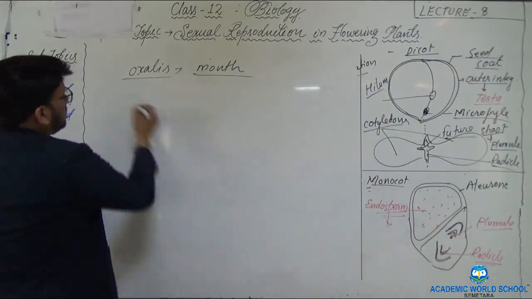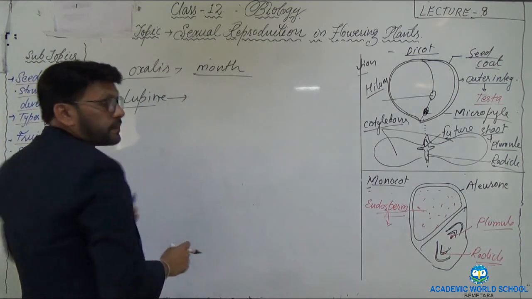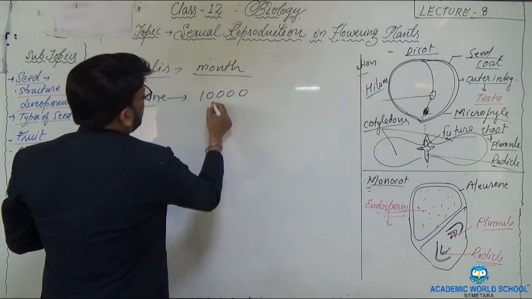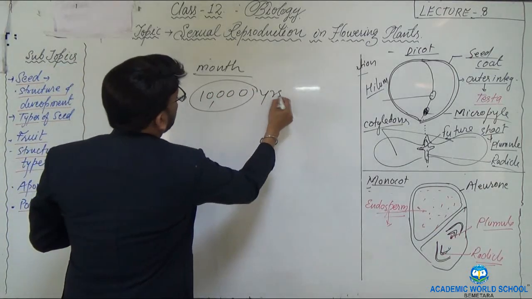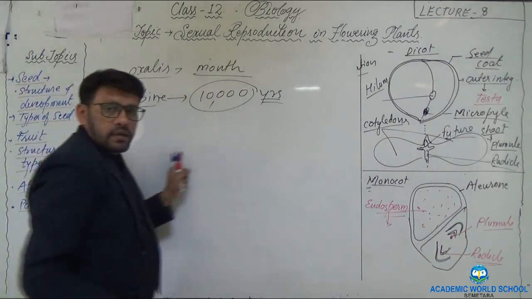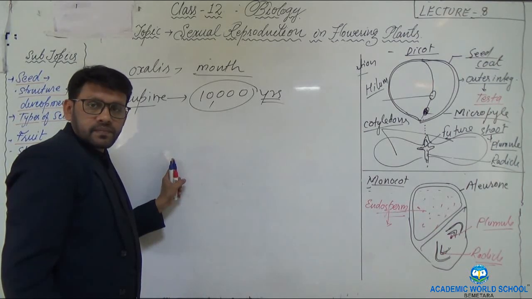And the oldest one is lupine. It is nearly 10,000 years old. It means the seed of the lupine got germinated after 10,000 years.